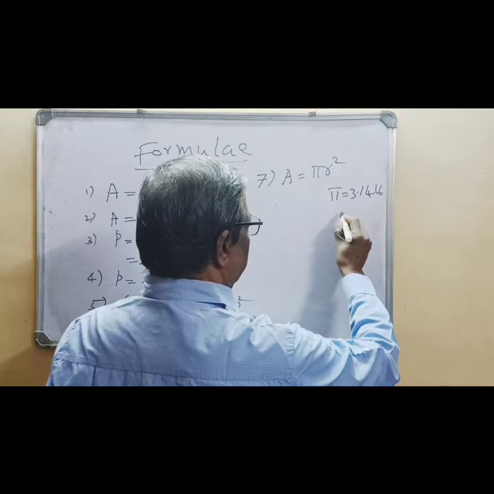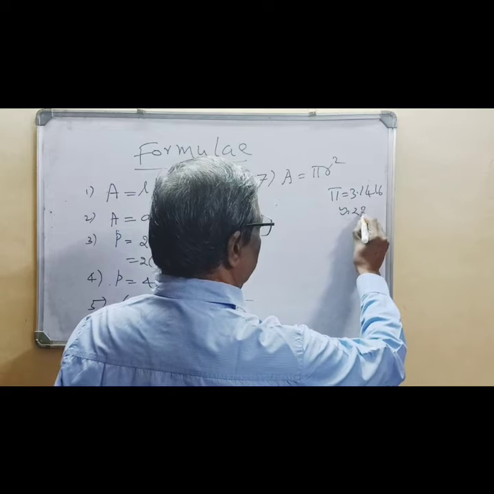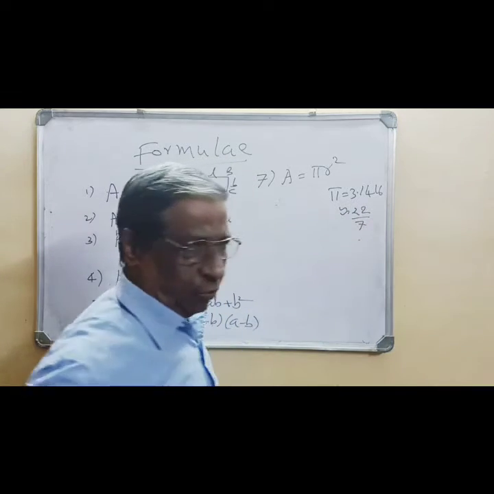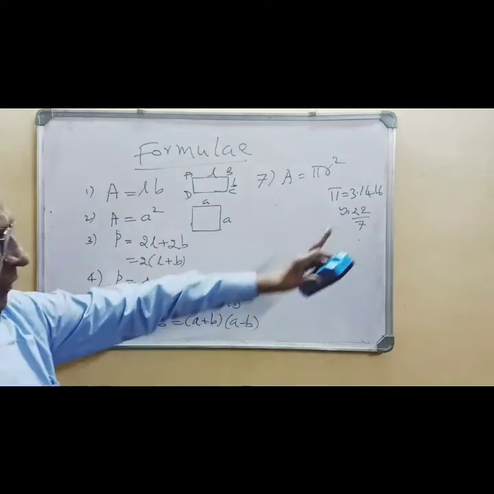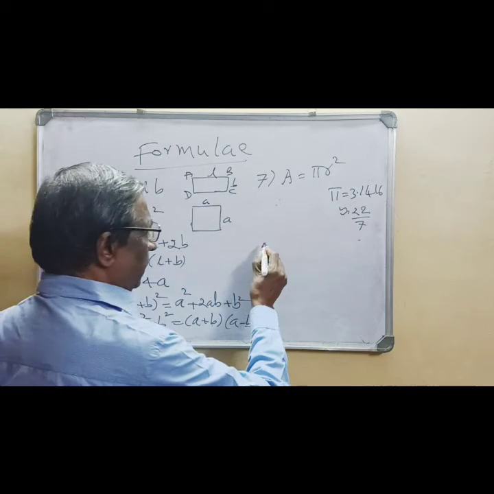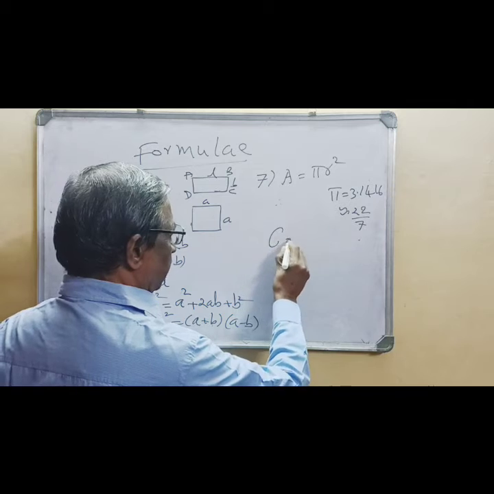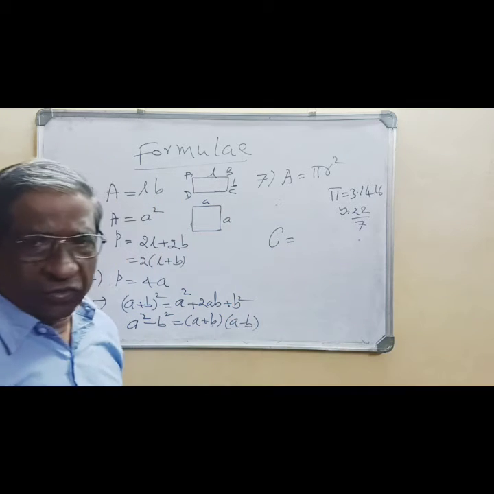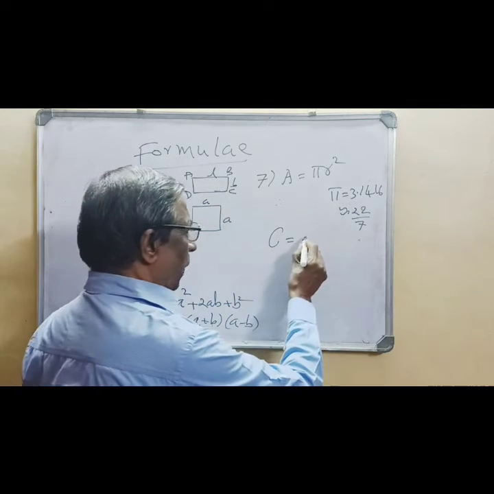In most of the lower classes we take 22 by 7, but scientifically the value is 3.1416. Similarly, the circumference, instead of P, we write C, which is equal to 2 pi r.